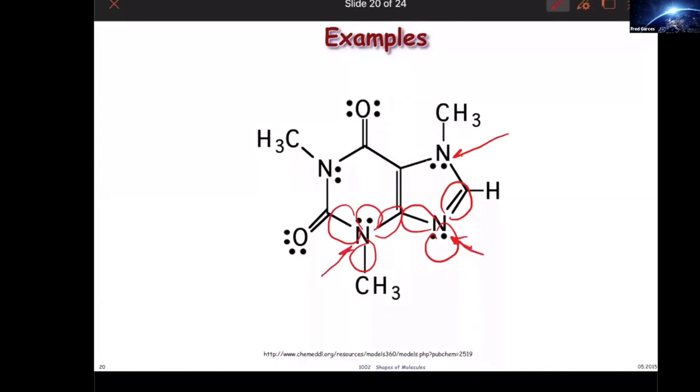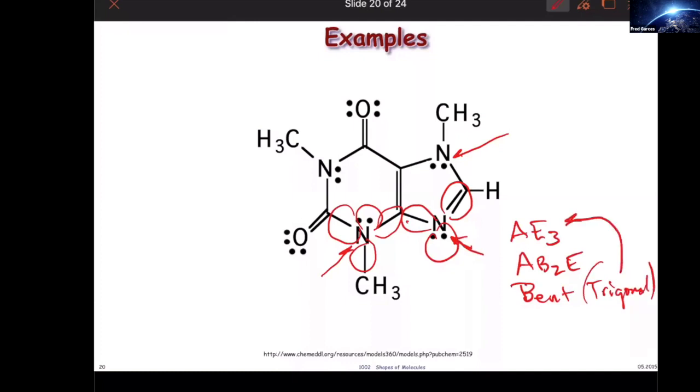This has 3, so we say it's AE3, and 2 are bonded atoms, so it's AB2E. So this is actually bent trigonal, because the trigonal comes from the fact that its skeleton framework is AE3. So it's bent trigonal.